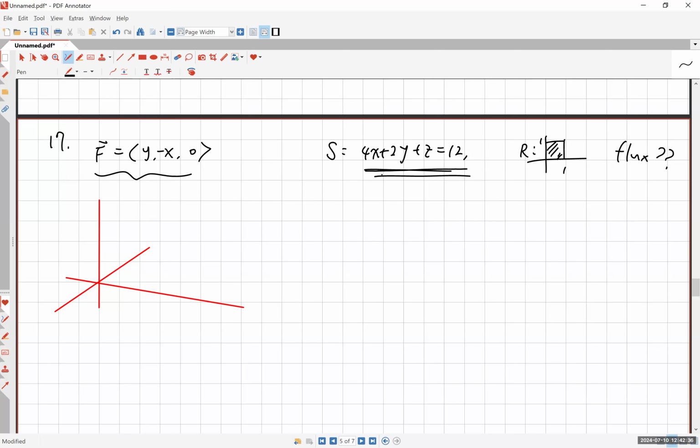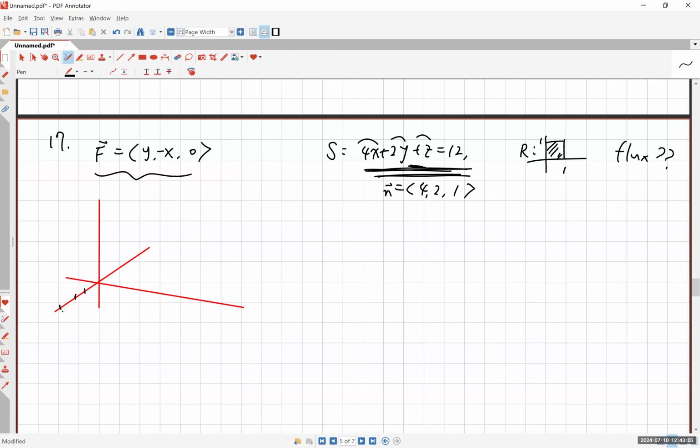All right. So this surface S is given as 4x plus 2y plus z is 12. Can you identify this? I hope you can see that this is a plane. Okay. Plane whose normal vector is 4, 2, 1, right? I mean, you can just read off your coefficients here. You can also easily graph this one because if y and z are 0, then you have 4x is equal to 12.